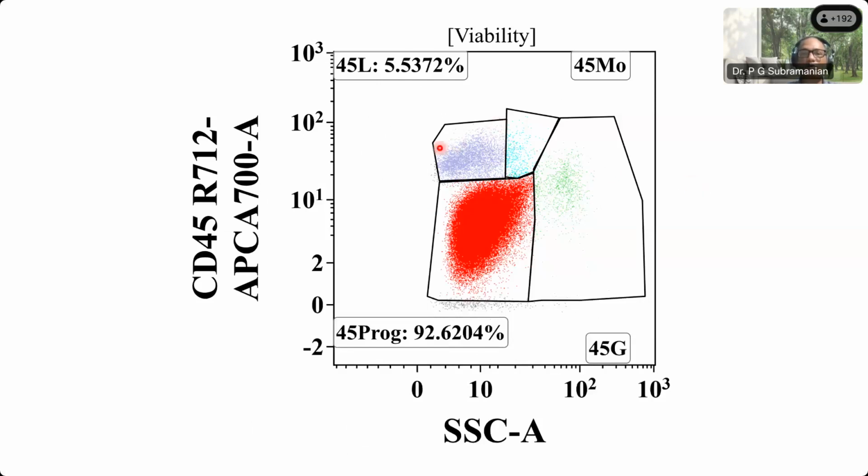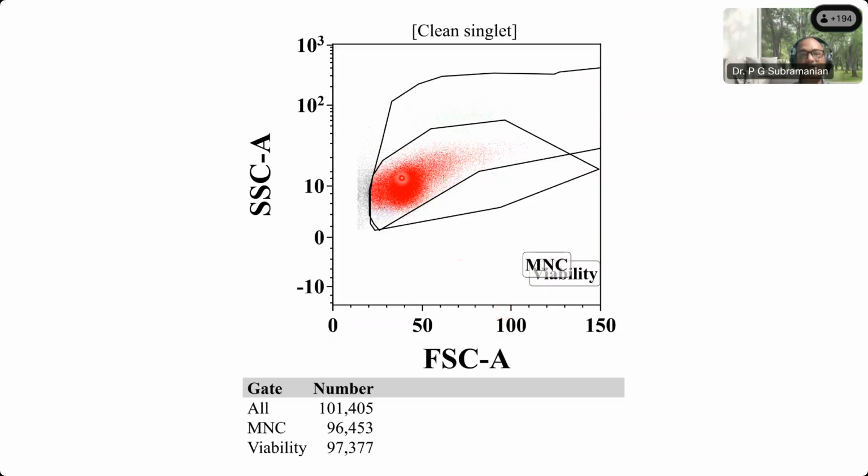So what would this population be? In this plot, whatever is going upwards is having more CD45, and whatever is downwards is having no CD45. Those which have the brightest CD45 are what we call lymphocytes. Lymphocytes will have the brightest CD45 and the lowest side scatter also. This is the same side scatter which we saw in the previous plot.